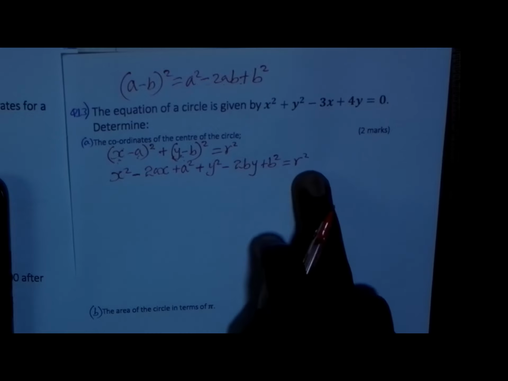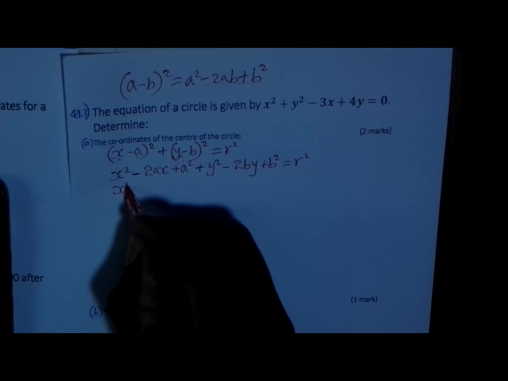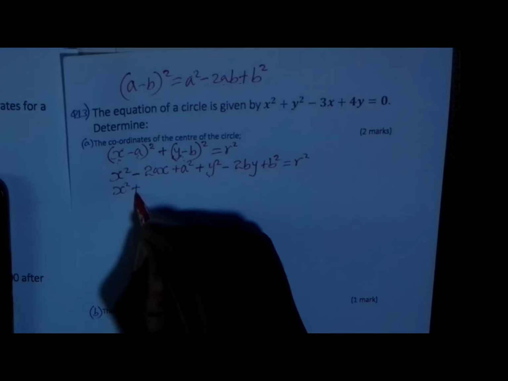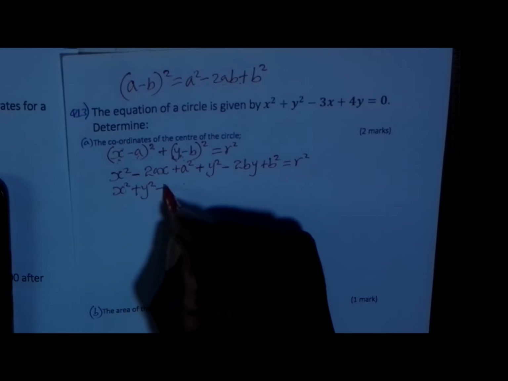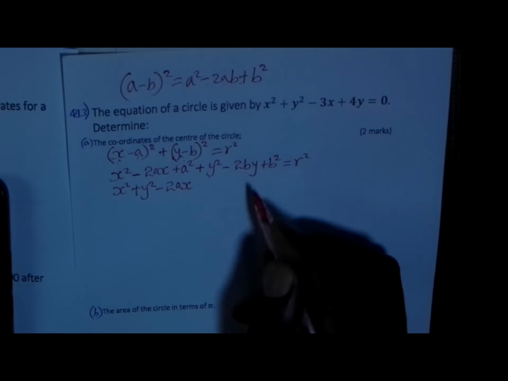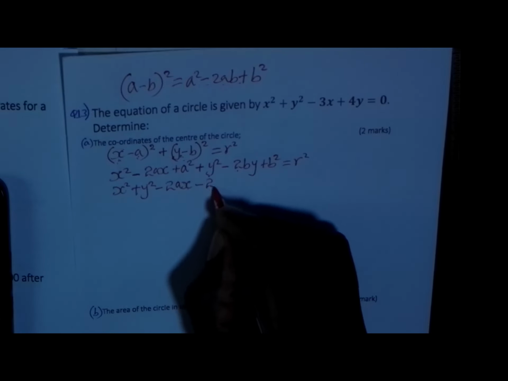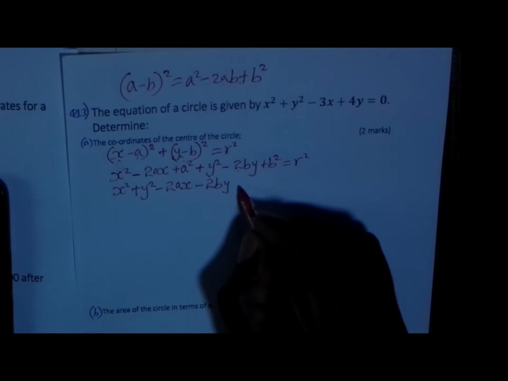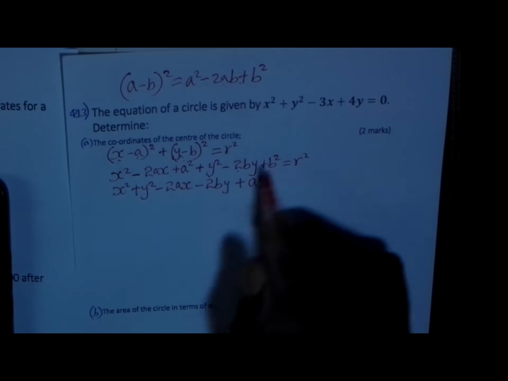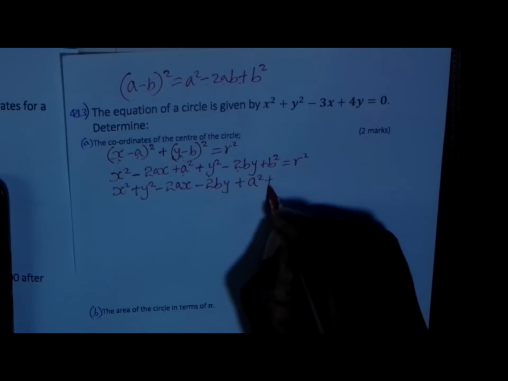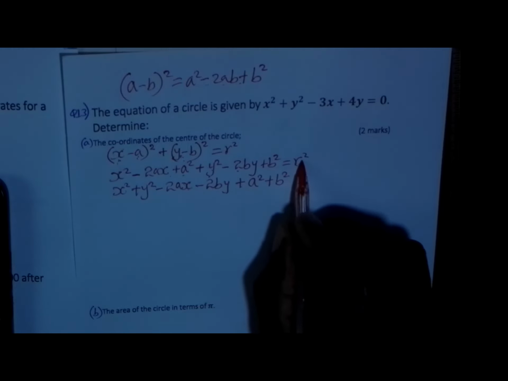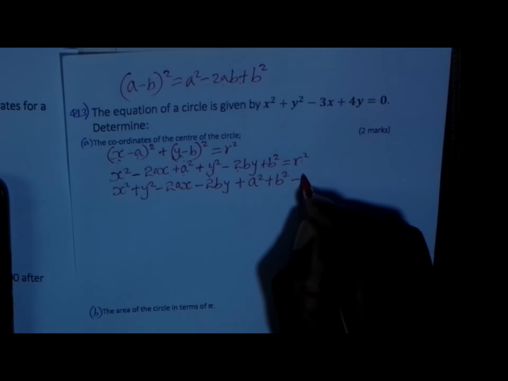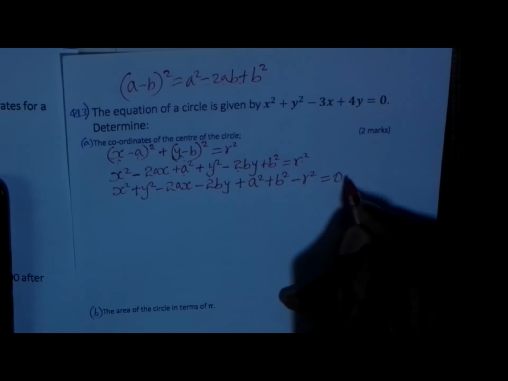So we can rearrange it such that we have x squared plus y squared minus 2ax minus 2by plus a squared plus b squared, then take r squared to the left hand side, minus r squared is equal to 0.